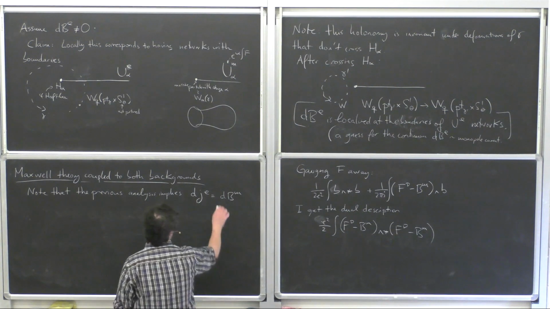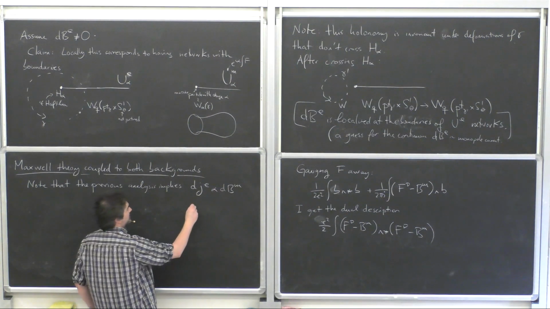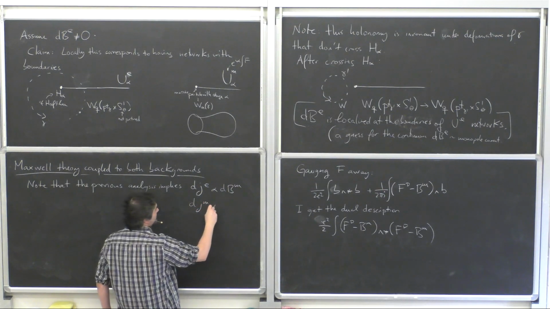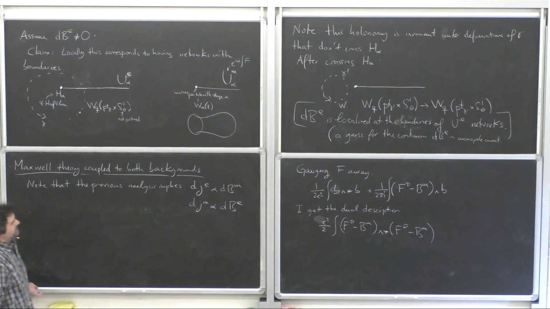Well, sorry, I'm being slightly sloppy with constants today. If you want to fix them, you can. It's not very complicated, but it's not very important physically. So let me just write it like this.